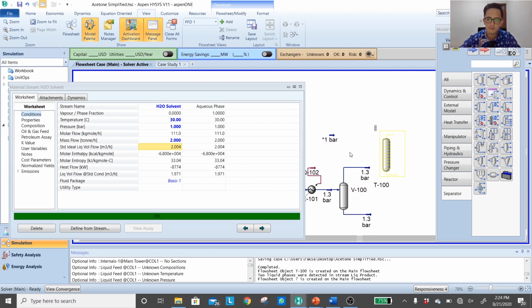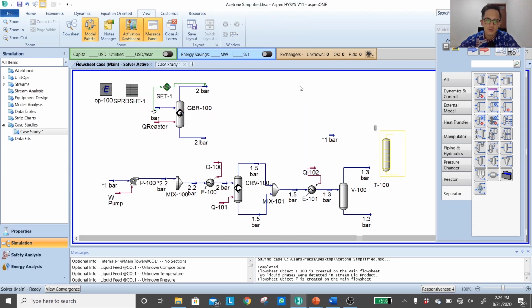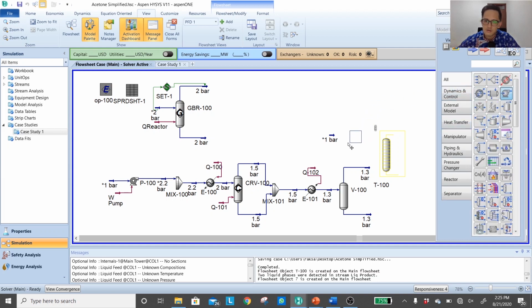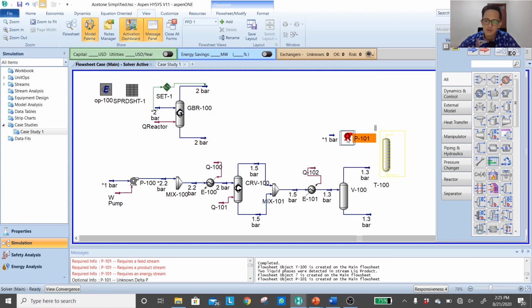And then you check again the pressure. It has to enter the absorber at the same pressure as the vapor. So I guess it will be logical for us to add a pump to move the water from the tank into the absorber. Let's connect it.